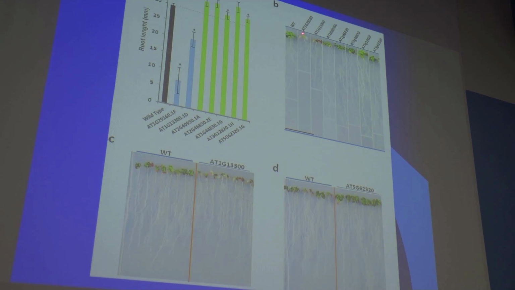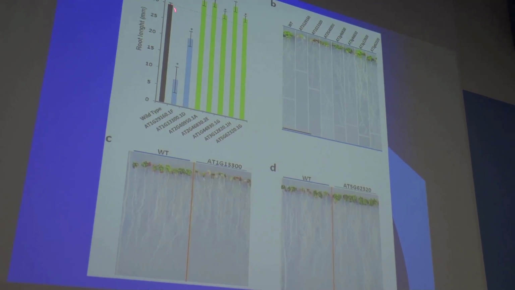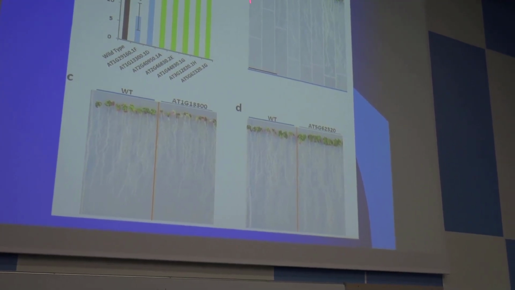When you do this, you see that in all cases, for all genes that you predicted, the phenotype is completely different. In some cases, for this gene, for example, the plant almost dies. For others, it survives, but the root length is very low, much below the normal, the wild phenotype.